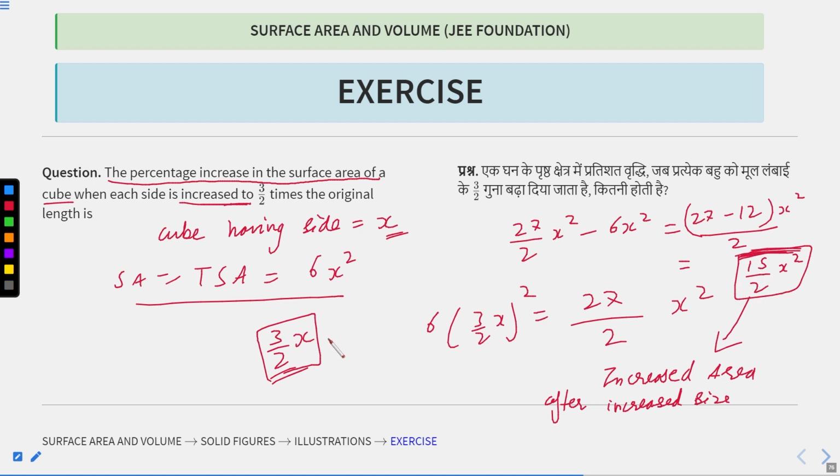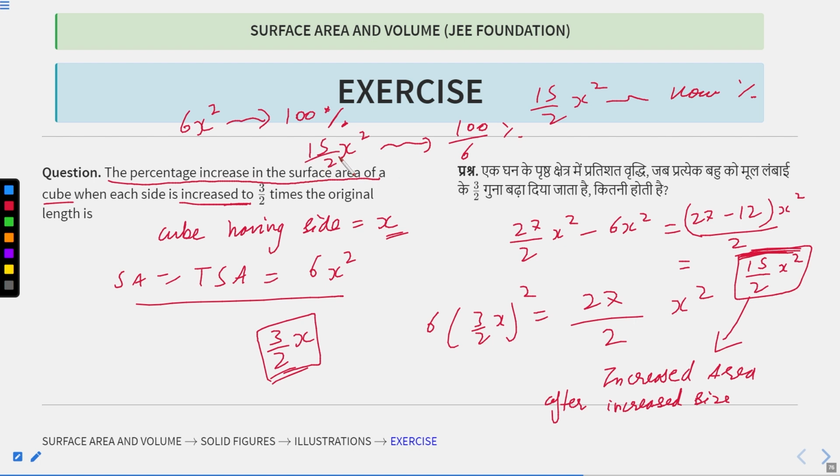So in percentage, we know 6 x square gives me 100%. Okay, and if I need to find out how much percentage 15 by 2 x square is, just first of all divide by 6 on each side, and multiply with 15 by 2.